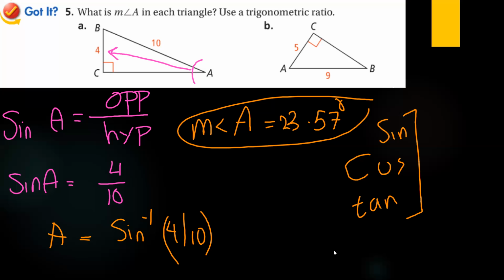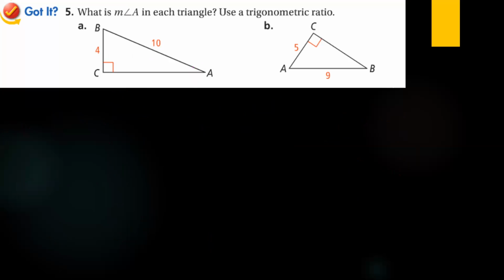Now let's solve letter B. Here we have a right triangle, right at C, and I need to find the measure of angle A. So let's try to draw it clearly.